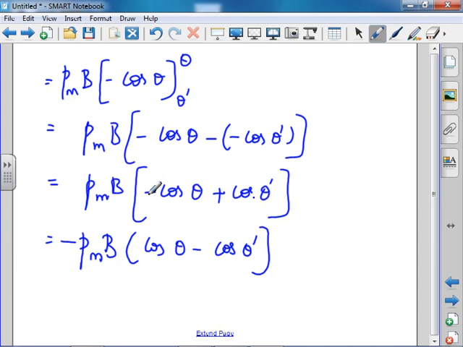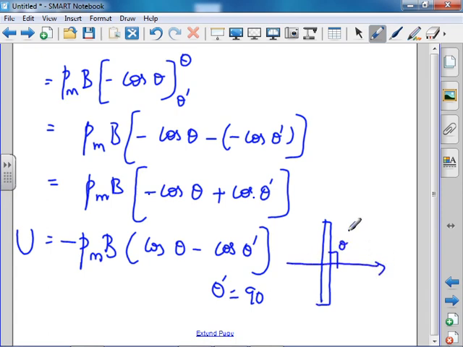Now this work done is stored as a potential energy, which is denoted by the letter U. And if you consider for reference, this theta dash is equal to 90 degree, initially at 90 degree with the magnetic field, to rotate the magnet through an angle d theta.